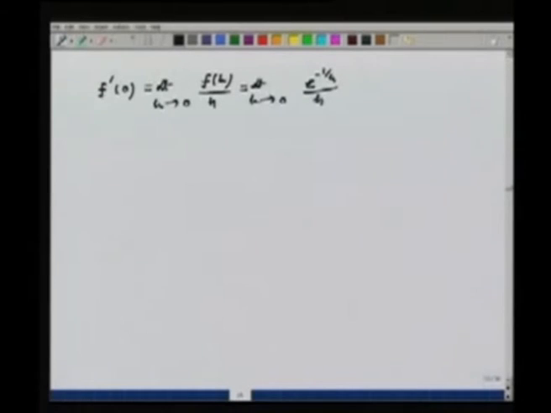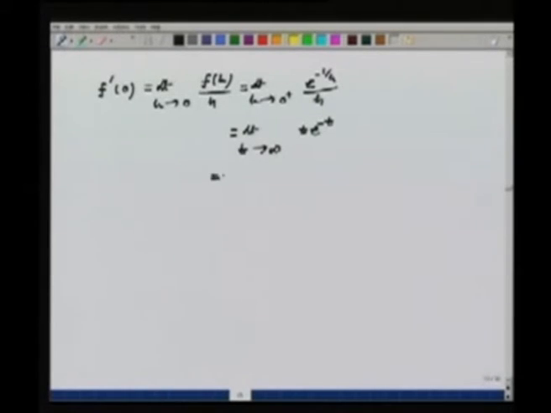I again play the same trick of putting 1 by h equals t. Here I am bothered about h going to 0 plus, let me say that. I will then get the limit as t goes to infinity of t times e to the power minus t.